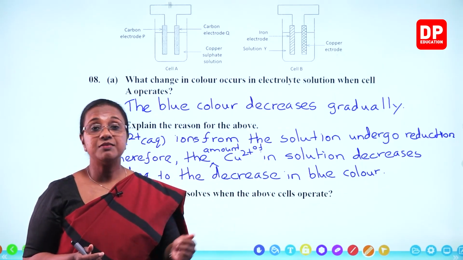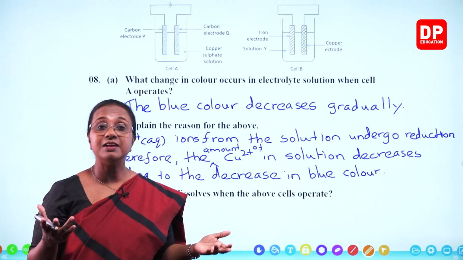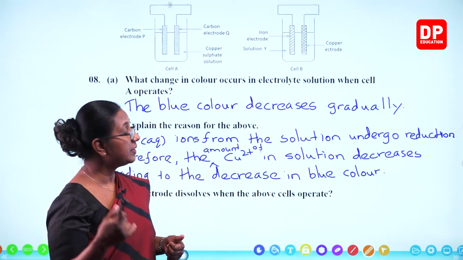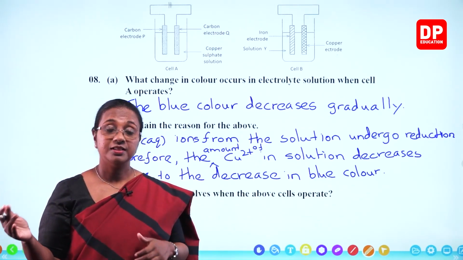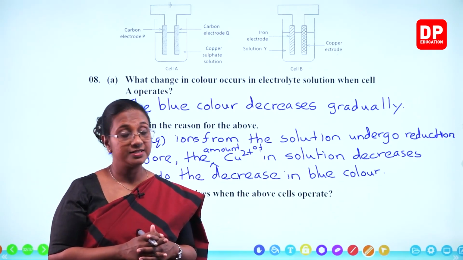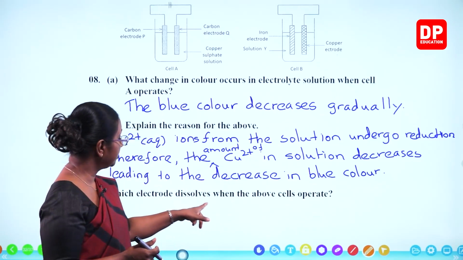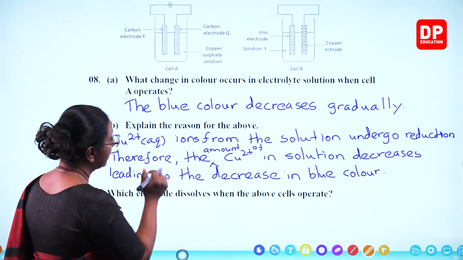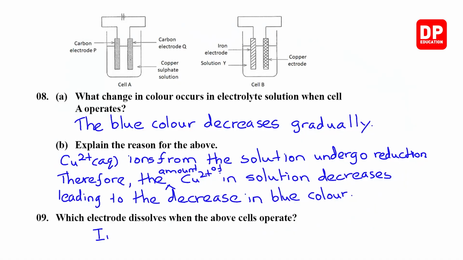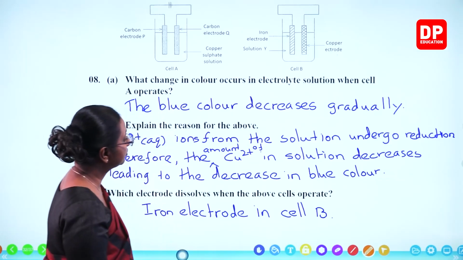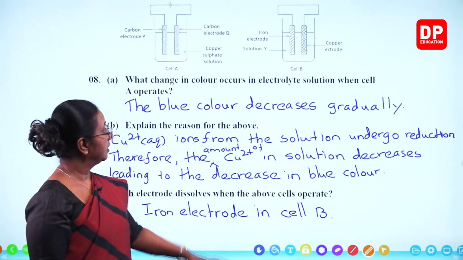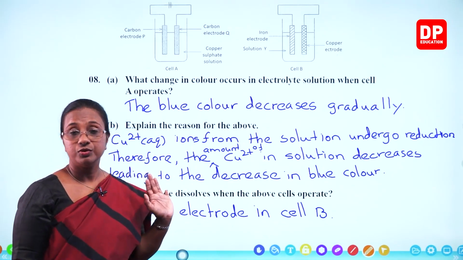So, iron becomes Fe2+ ions. That means iron will dissolve. Whereas copper will act as the cathode. There you will see the liberation of hydrogen gas. So, which electrode dissolves when the above cells operate? Iron electrode in cell B. That is what you have to remember.